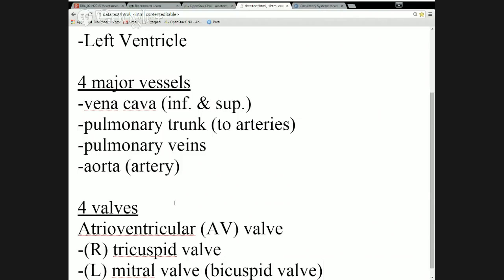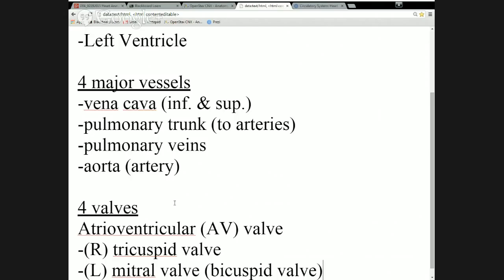Now, it might seem like the tricuspid valve is important because it has 3 cusps, and the mitral valve is important because it has 2 cusps. But actually, all valves except for the mitral valve have 3 cusps. So calling the tricuspid valve isn't pointing out anything special about it. That's just the name that it has.